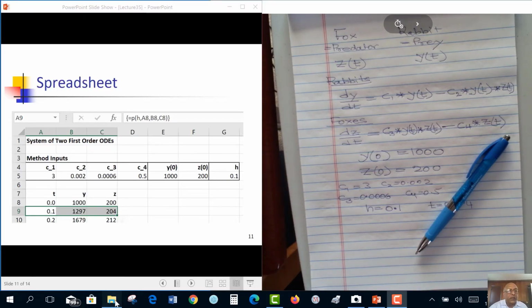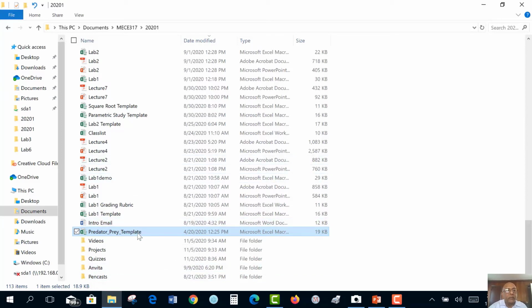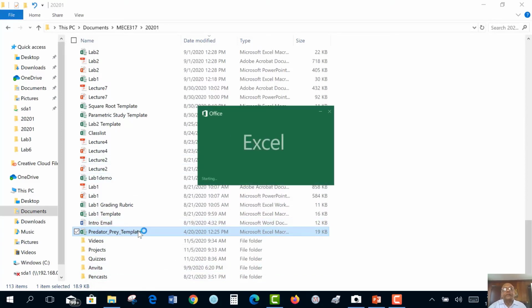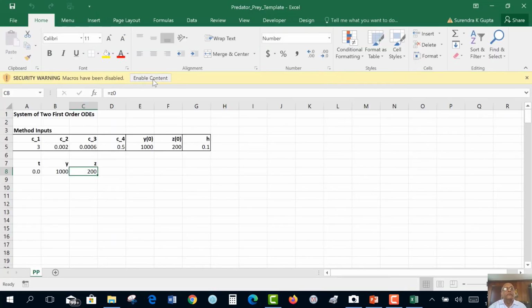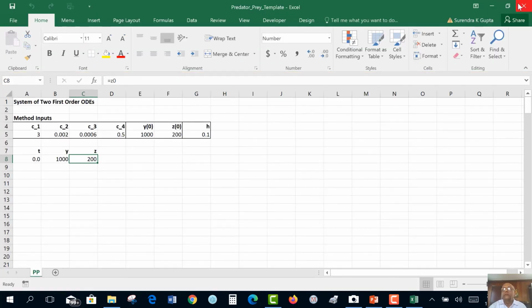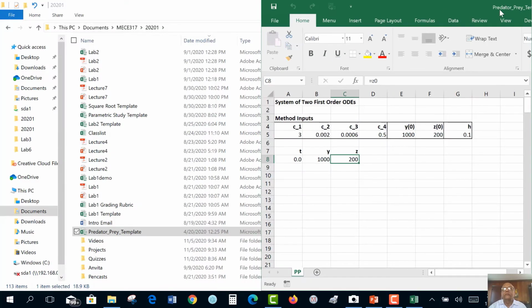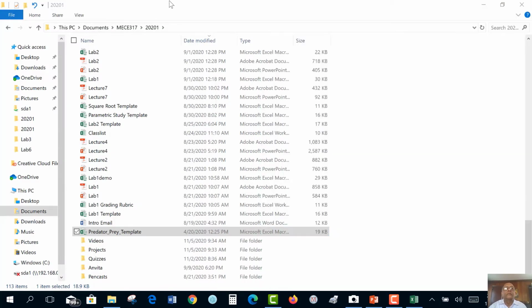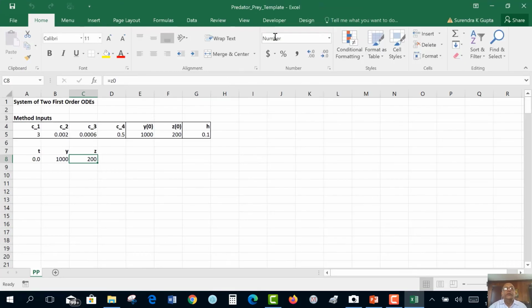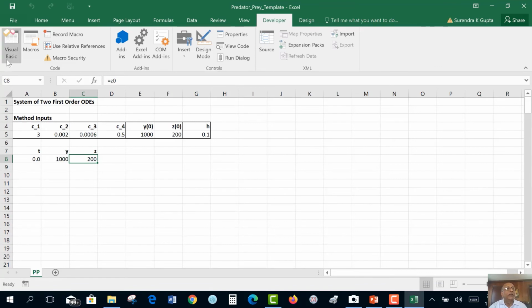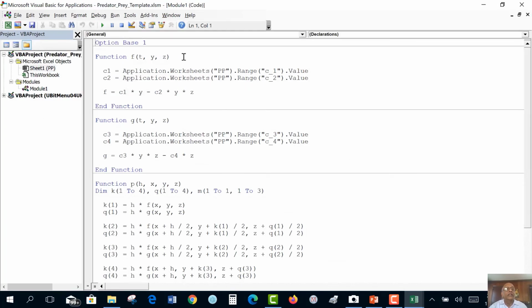Okay, so let me bring up my predator-prey template. Okay, so here it is. Let me show you what has been done. So this is our function f.